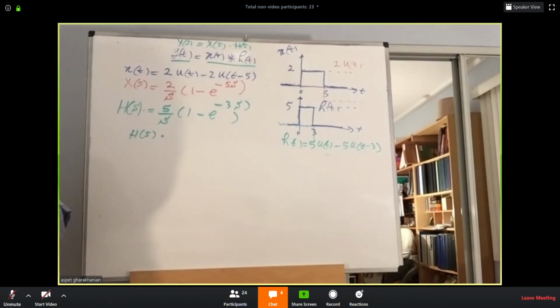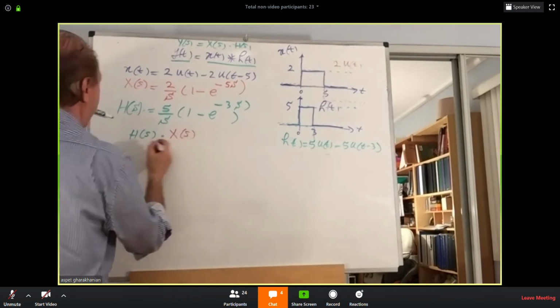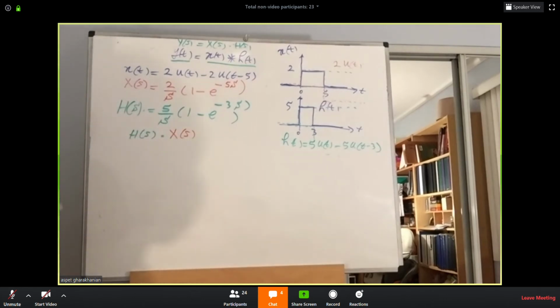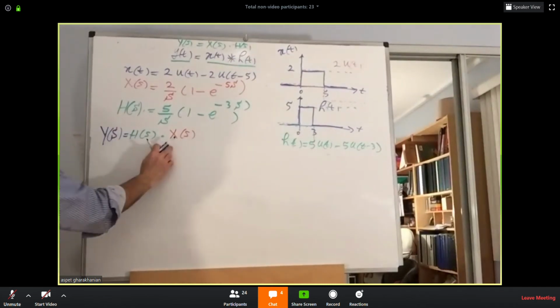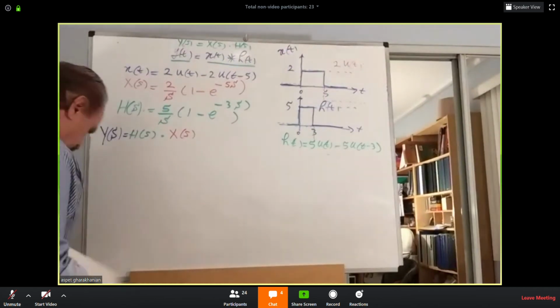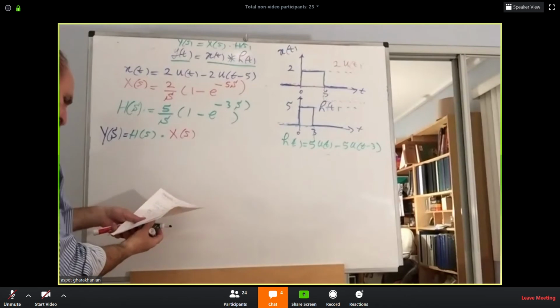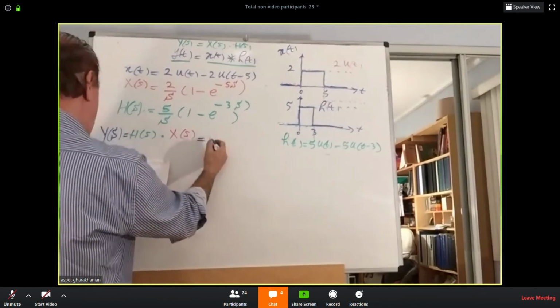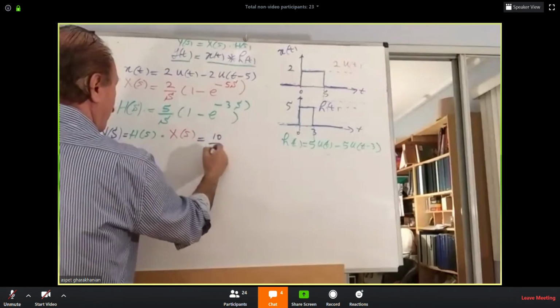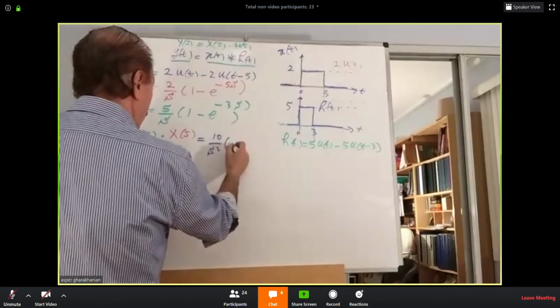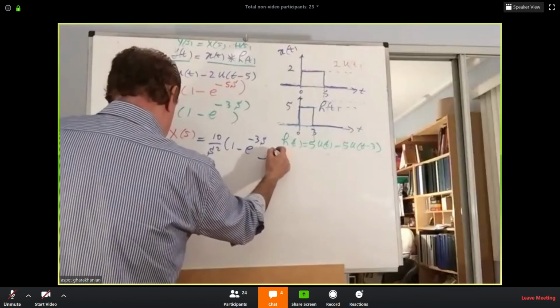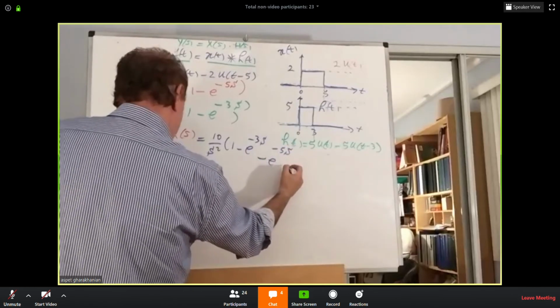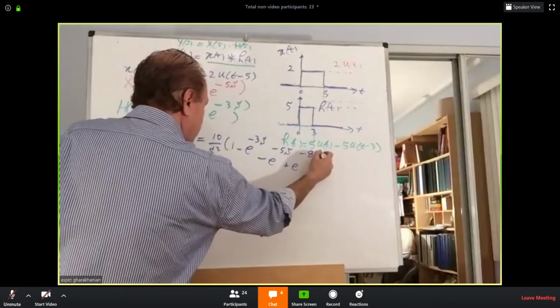Multiplying these two terms together gives a term like 10 over s squared times (1 minus e to the power minus 3s minus e to the power minus 5s plus e to the power minus 8s).